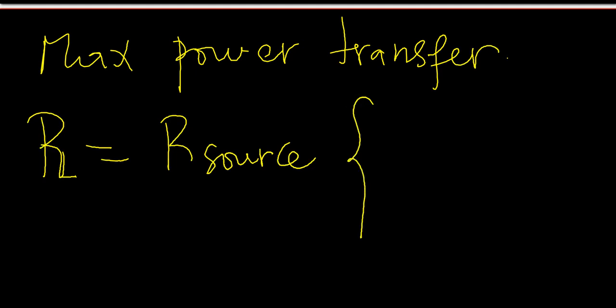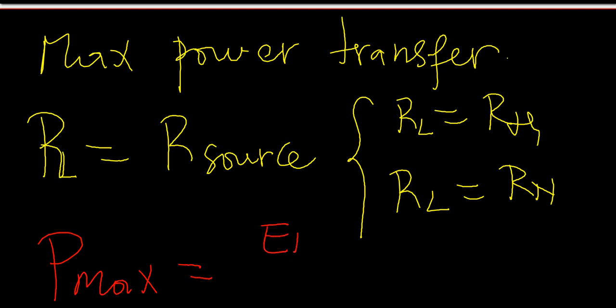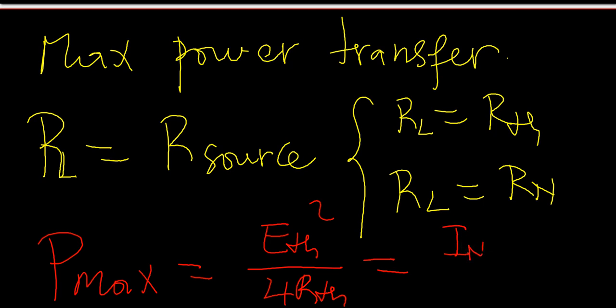If it is a case of Thevenin, R_L should be equal to R_TH, and in the case of Norton, R_L should be equal to R Norton, and that maximum power P max should be equal to E_TH square on 4 R_TH, which is equal to I Norton square times R Norton on 4.